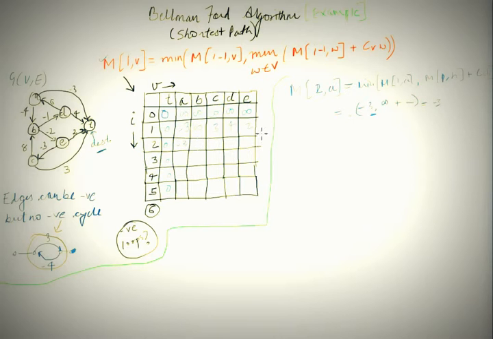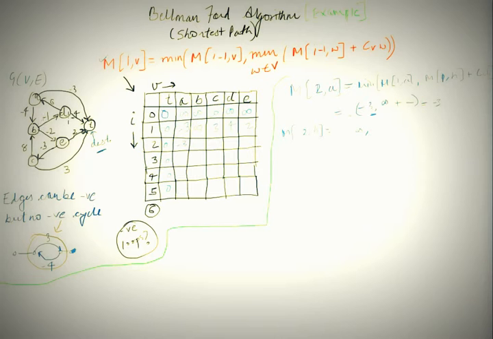Similarly for M(2, B), this will be equal to the minimum of M(1, B), which is infinity, or B to T using 2 edges. I can use this path BDT or BET.